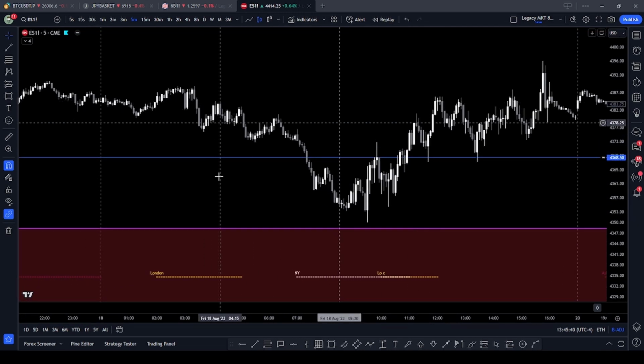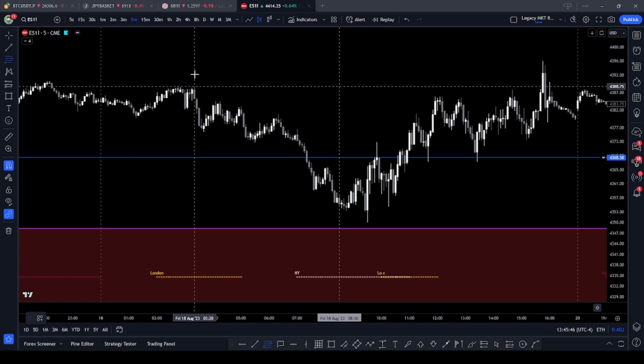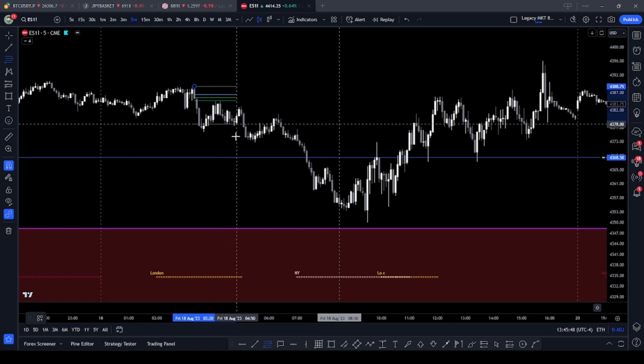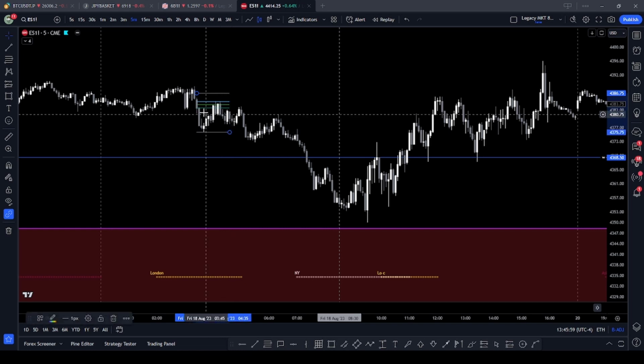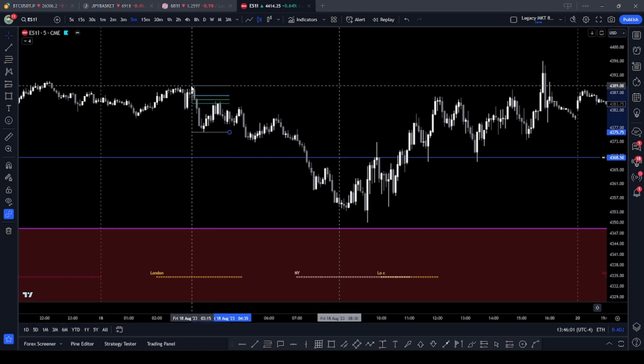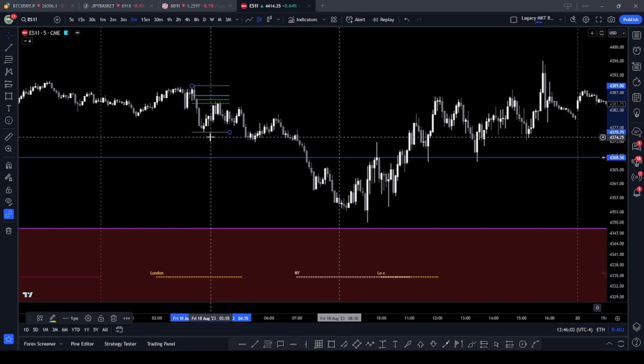So here is London. I'm just going to turn off the magnet so I can do this properly. The way you do this is you pull it from the swing high to the swing low.